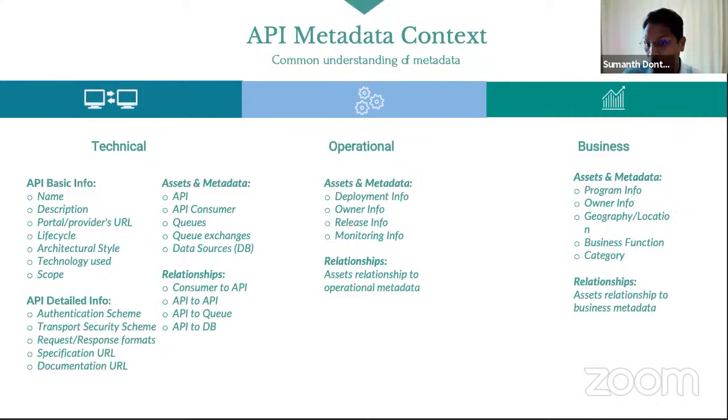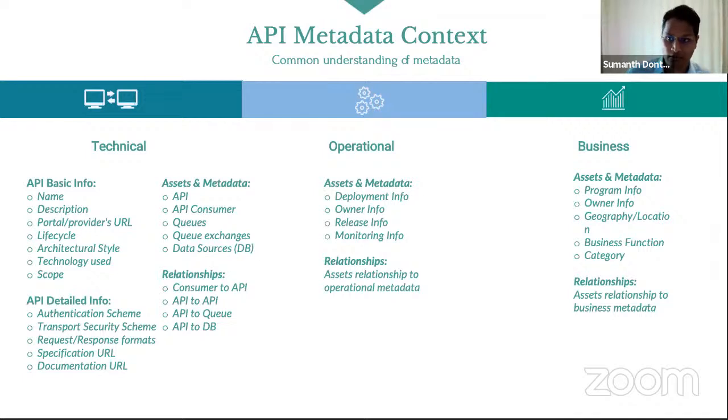And if you want to understand the low-level details, the specification, where can I find a Swagger spec or a RAML spec, or any documentation. Not every API is maintained with a Swagger or RAML when you're talking about a huge organization. So these are the main pieces of information at a high level, the metadata from the technical point of view.